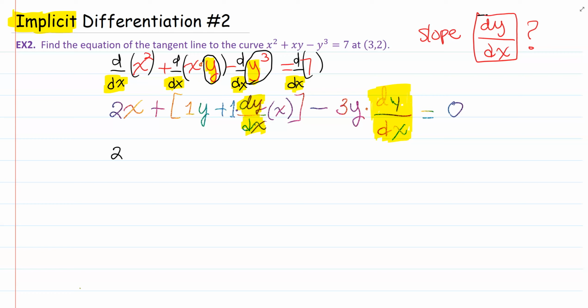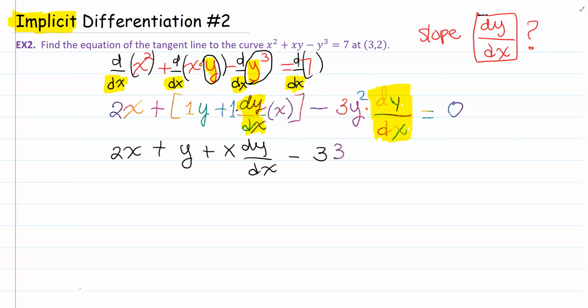So here we have 2x plus y plus x dy/dx minus 3y, oopsie, there should be a square right here. The derivative of y to the third is 3y squared, and then multiplied by the inside derivative, which is dy/dx.